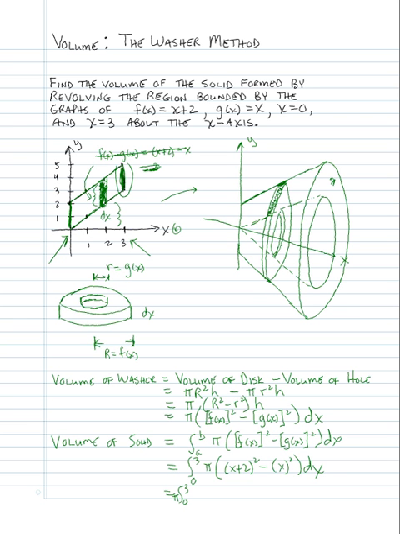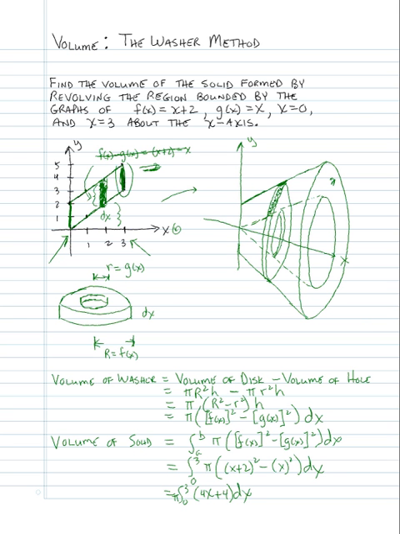After the dust settles on the inside, what we have left is 4x plus 4 dx. After we square x plus 2 and then subtract x squared, we're just left with 4x plus 4.